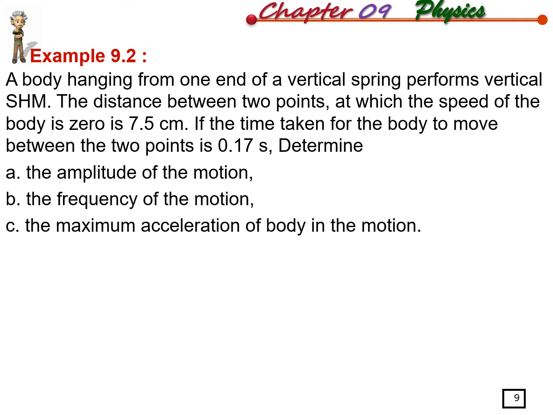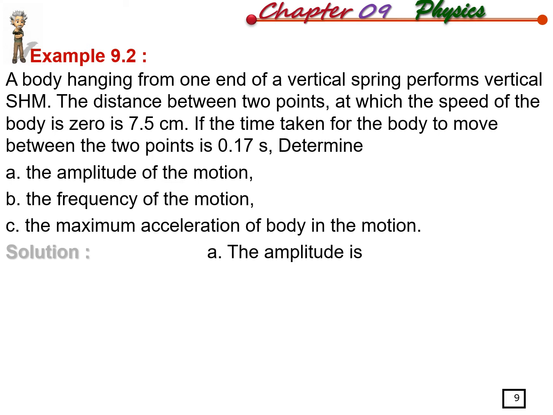So the speed will be 0 when it is oscillating up and down. Try to think of that. If the time taken for the body to move between the 2 points is given as 0.17 second, they want you to determine the amplitude of the motion, frequency of the motion, and maximum acceleration of the body in the motion.